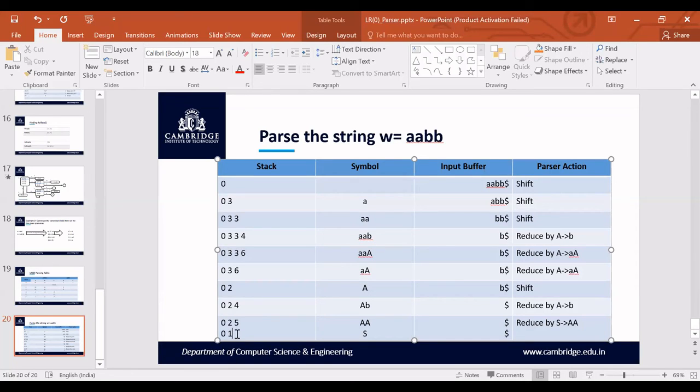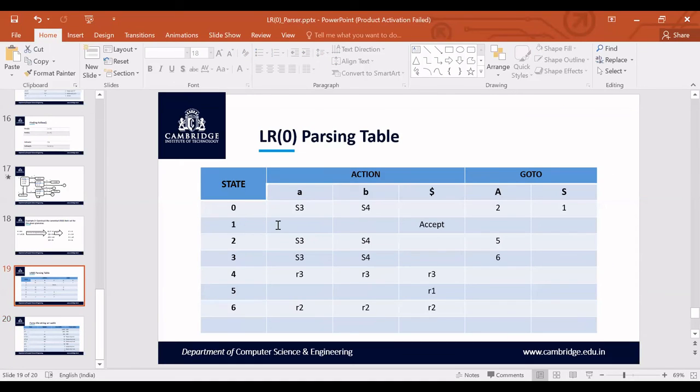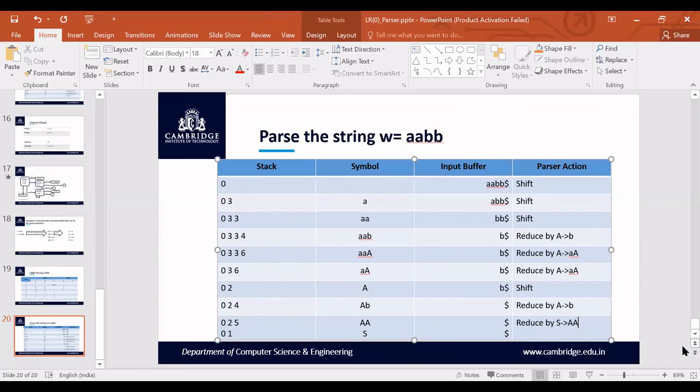Now take a transition for the newly shifted state on the stack with the symbol in the input buffer. So 1 on dollar. What is 1 on dollar? 1 on dollar is accept. So it means that the string has been accepted by the parser.